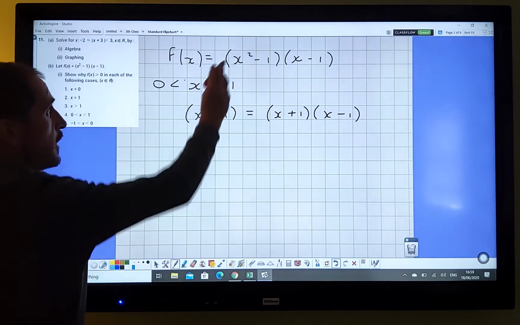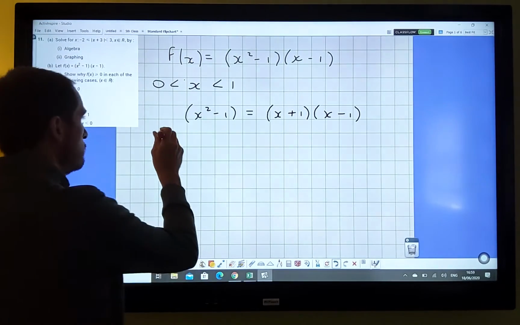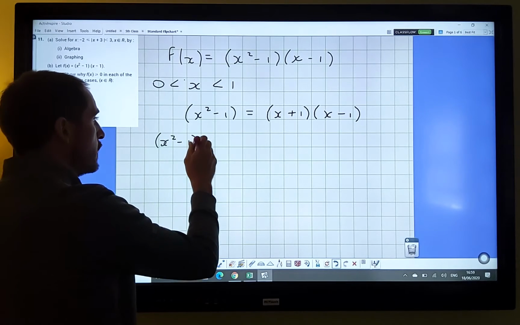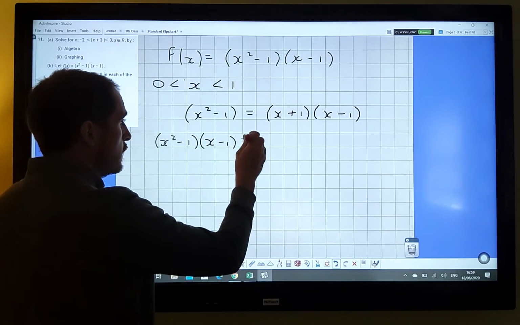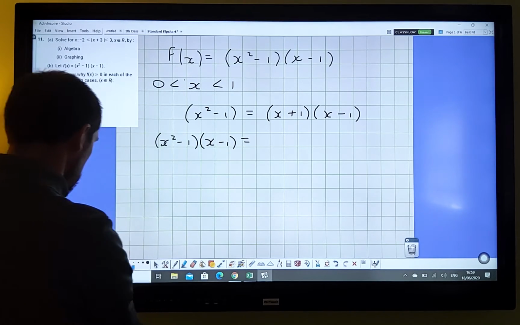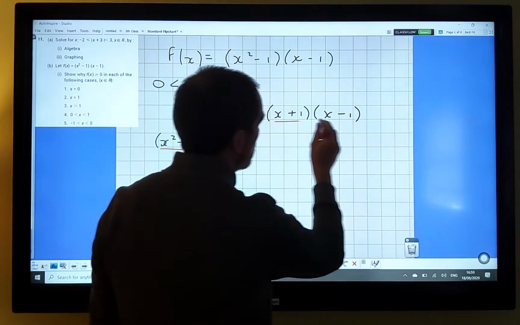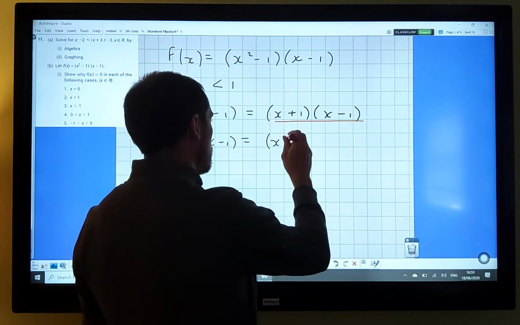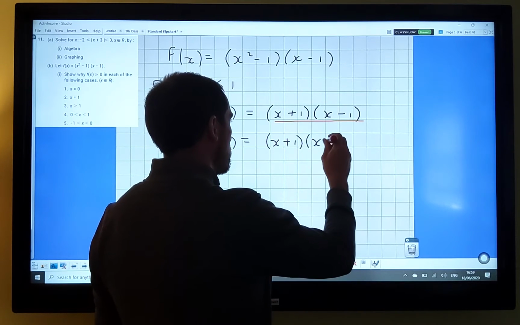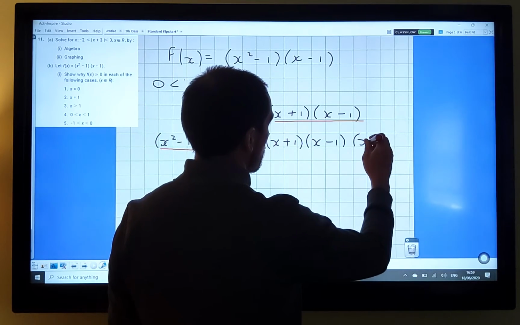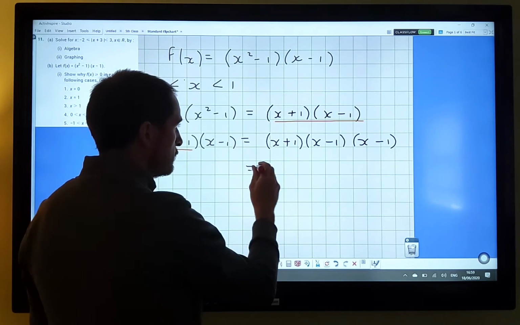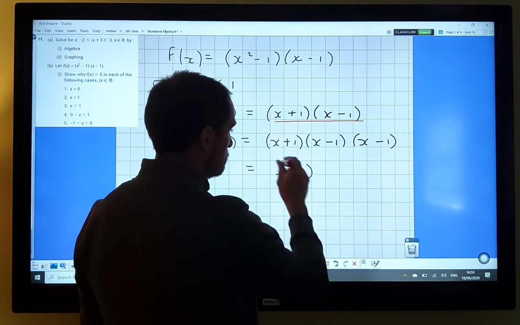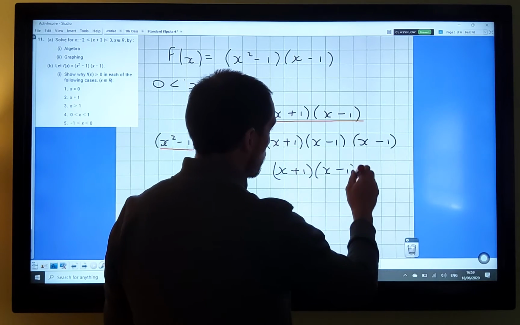So now if I take (x squared minus 1) times (x minus 1), instead of writing x squared minus 1, I put in (x plus 1)(x minus 1). So I'm going to have (x plus 1) times (x minus 1) times (x minus 1), which is (x plus 1) times (x minus 1) squared.